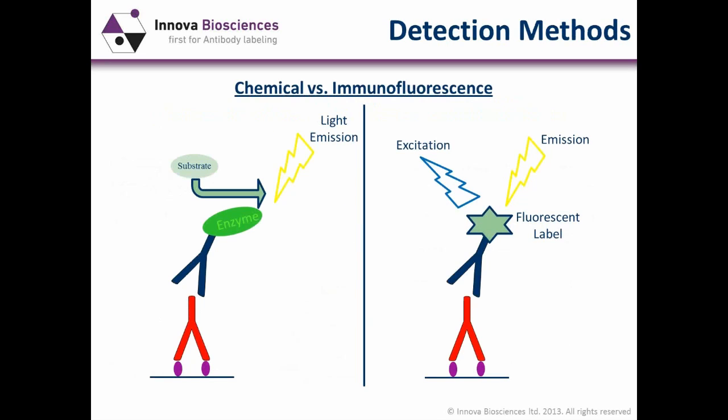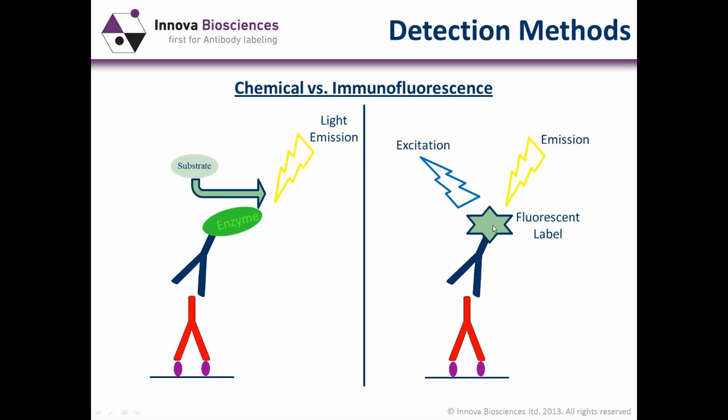So for the second half of the webinar, I just wanted to share some advancements in regards to Western blotting and how I've observed the technology change over the years. In the past, this was very much the standard where people would use chemiluminescence. You would have an enzyme present on your secondary antibody, which would result in the substrate being converted into light, which could then be detected by exposure to film.